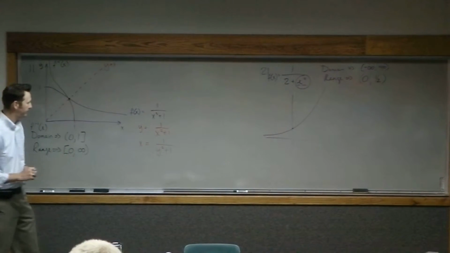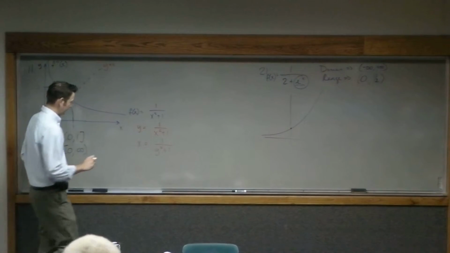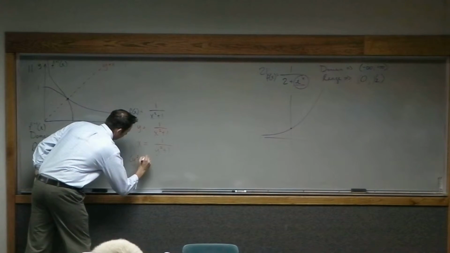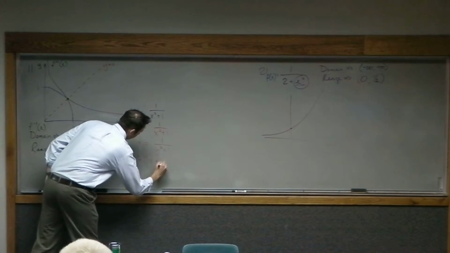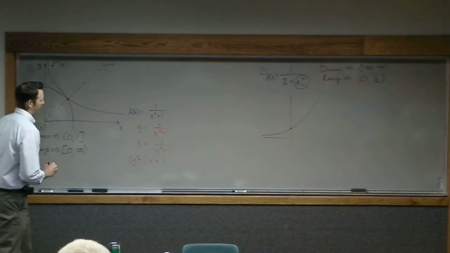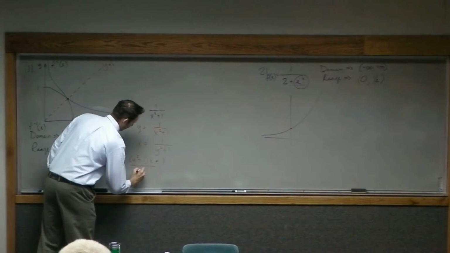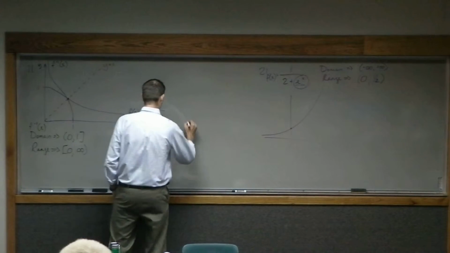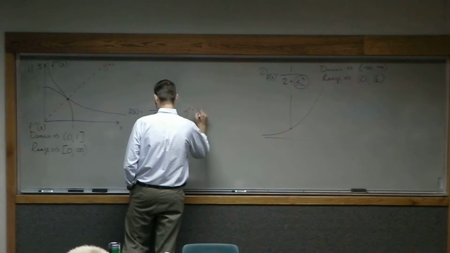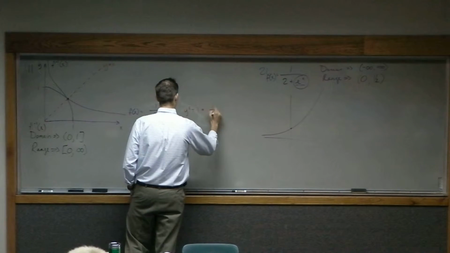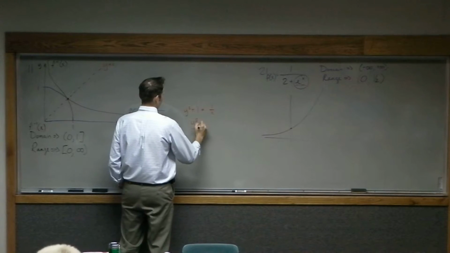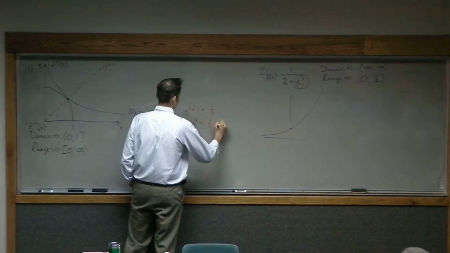And then do what? Okay, so we would multiply the denominator. We have to divide by x. Y squared plus 1 is 1 over x. Y squared is 1 over x minus 1.